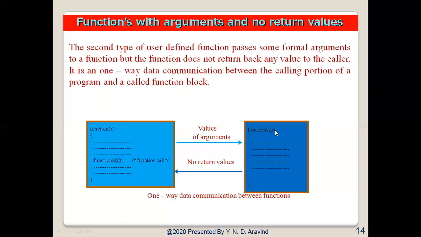What is a? A is nothing but a formal parameter. So I am calling the function with some arguments, but you can clearly see that it is not returning any value. So it has no return value. This is a one-way communication between the functions, and this is the second type.